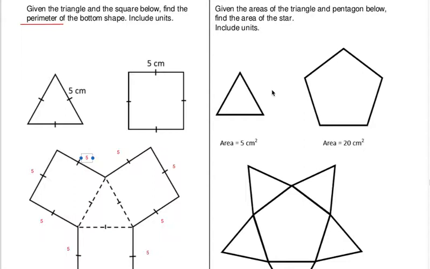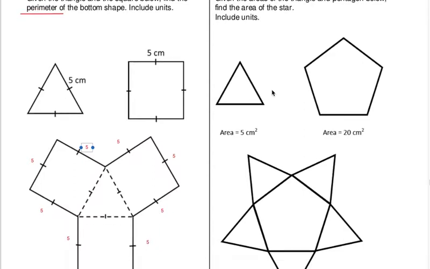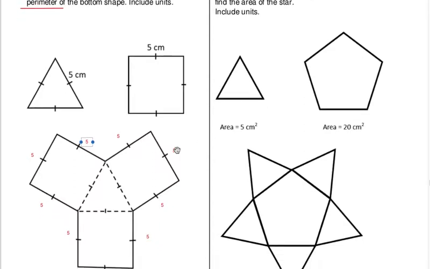Now this one is the same sort of thing, but with areas, of course, you do count the inside. Now we know that the area of a triangle is 5. So we can put 5 for each of those triangles. 5 plus 5 plus 5 plus 5.